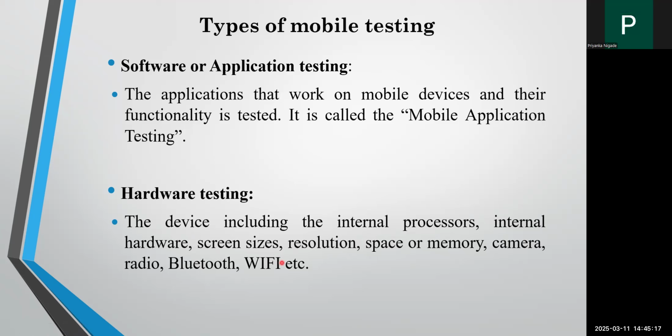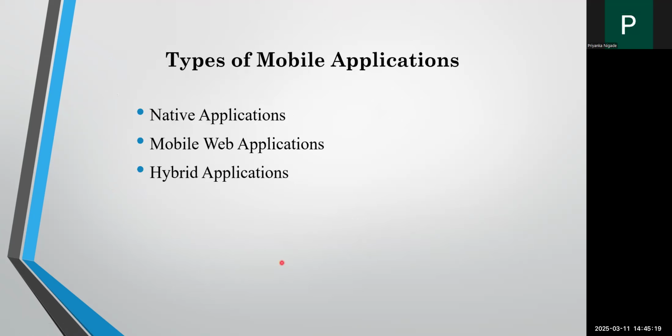Now the point is, if you ask me how many different types of mobile applications there are, there are three types available: native applications, mobile web applications, and hybrid applications. Guys, native applications are usually created to run on a single operating system, so we call it native, specifically designed for a specific platform.